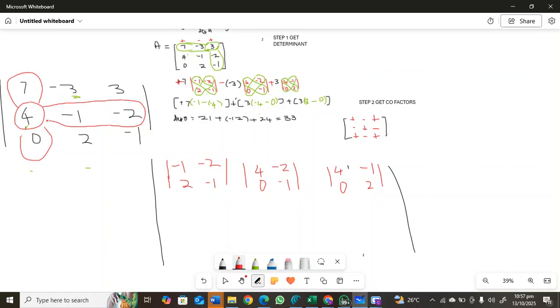Yes, this part here, we're not doing that, yes, madam. We're not doing that here. We're just focusing on the cofactors. So in this part, you won't be doing that. So here we have -3, 3, 2, -1.